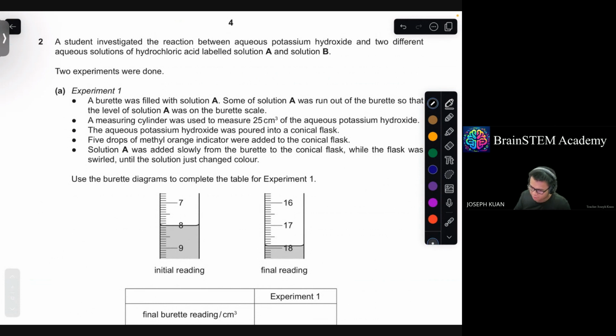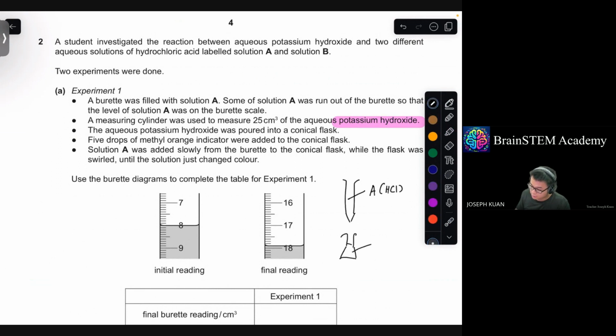A burette was filled with solution A. Some of solution A was run out of the burette so that the level of solution A was on the burette scale. A measuring cylinder was used to measure 25 cm3 of aqueous potassium hydroxide. The aqueous potassium hydroxide was poured into a conical flask.